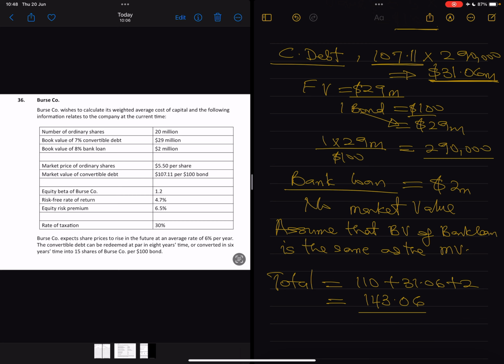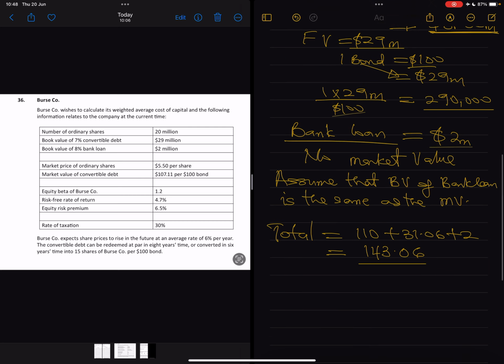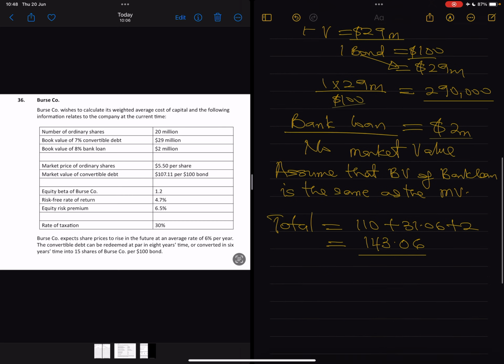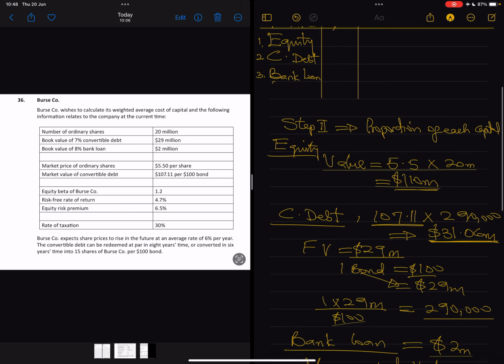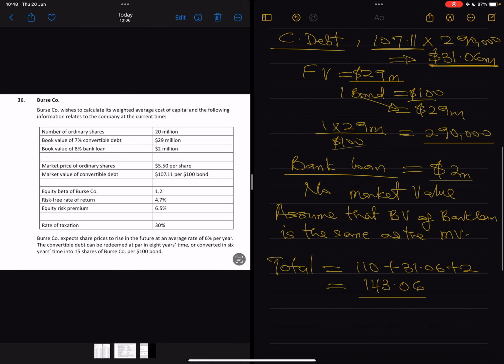is using. Now, what is the proportion? Remember step 2 is to get the proportion of each, which is what we are working on. Now, for equity, the proportion of equity in this 143.